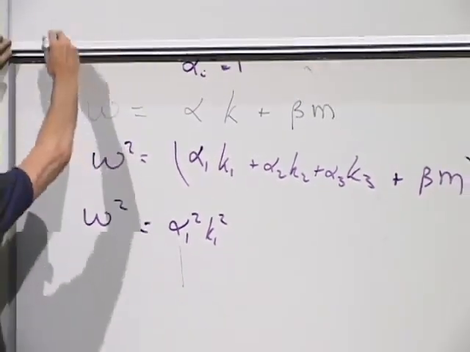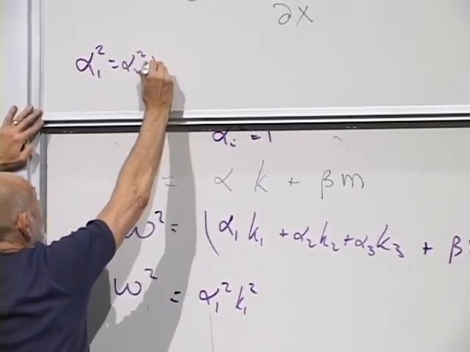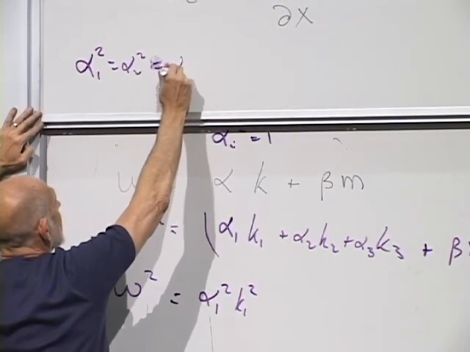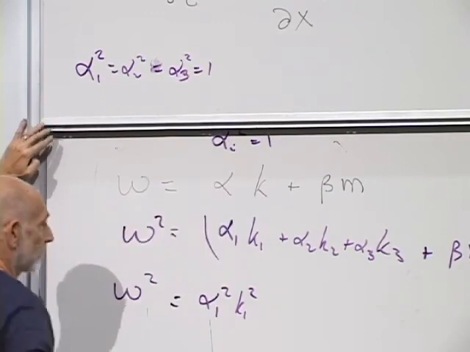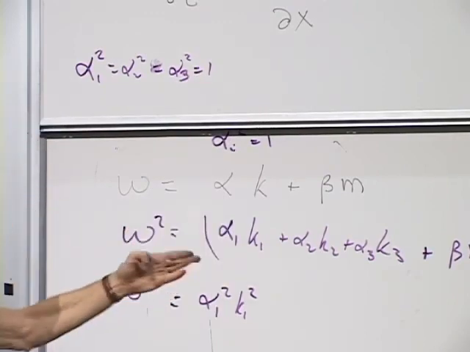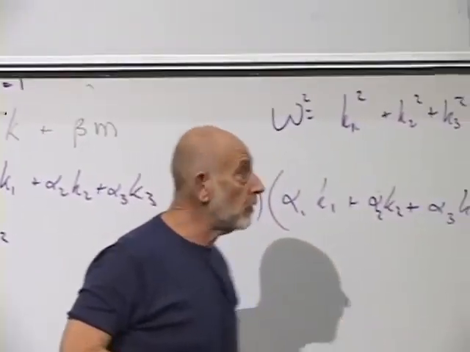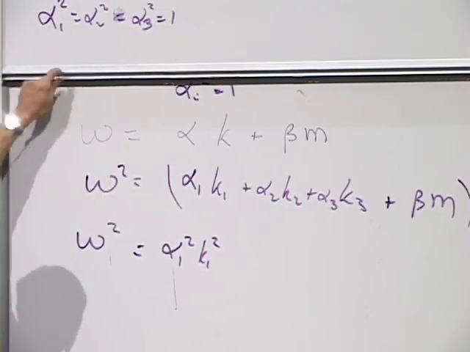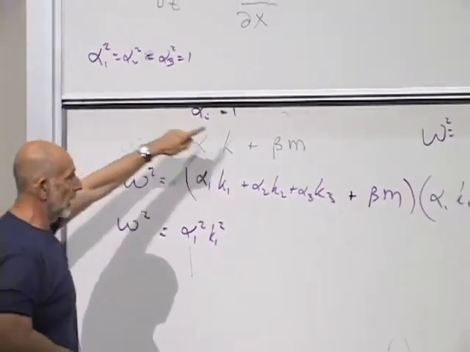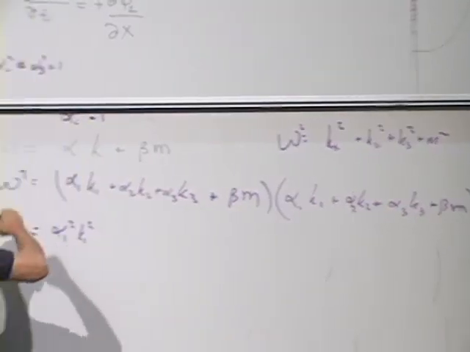Alpha 1 squared equals alpha 2 squared equals alpha 3 squared equals 1. Now, what about beta? When we square, we're also going to want to match this. So also beta squared had better be equal to 1.